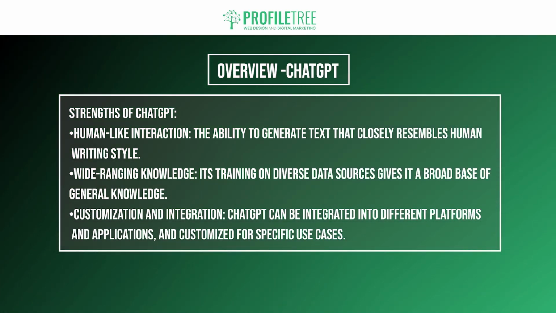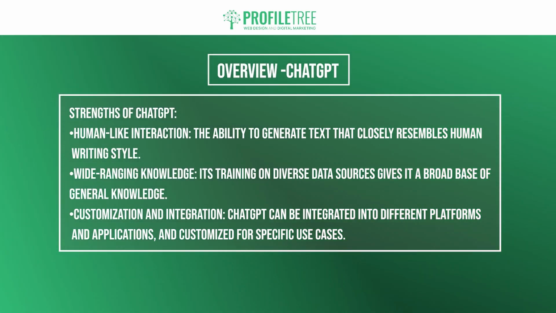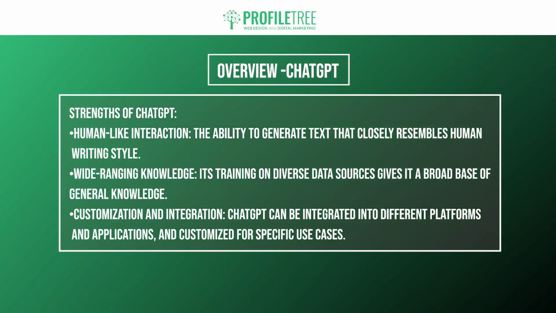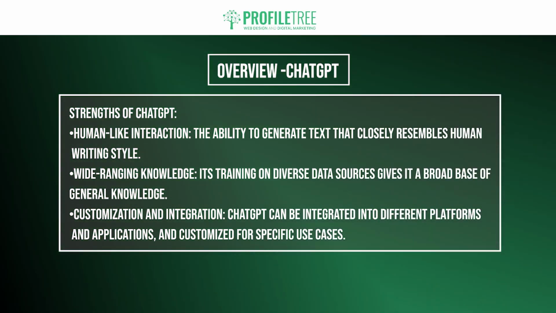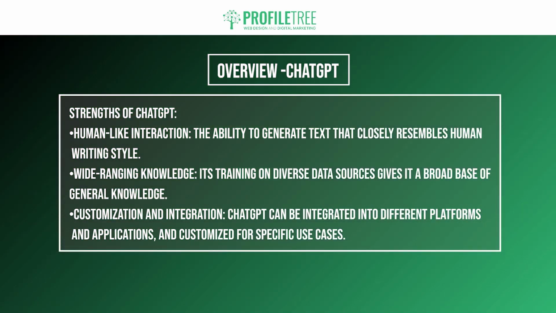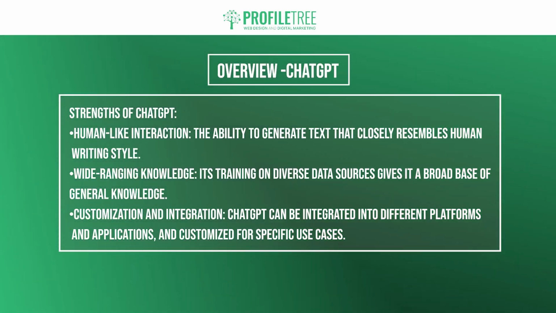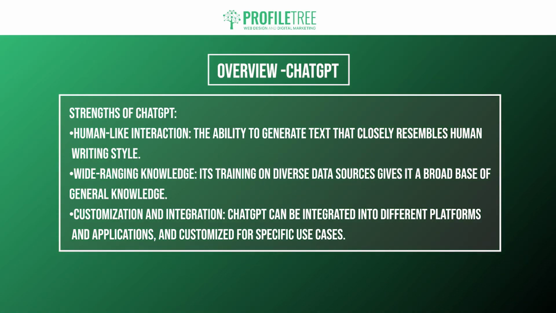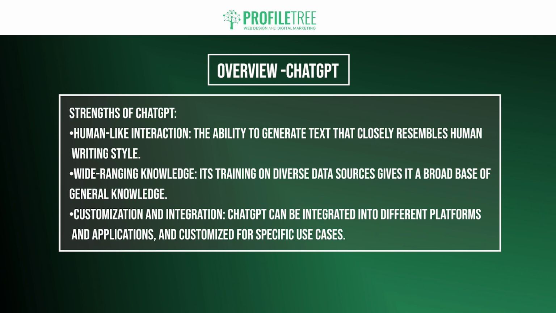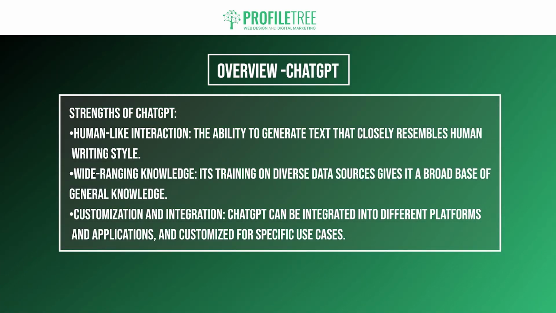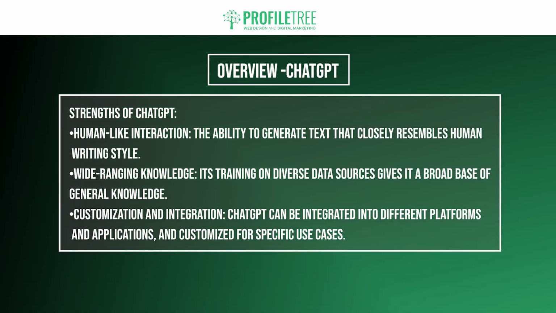The ability to generate text that closely resembles human writing is fairly good for what it is, especially since you can either copy and paste some content or use that content to structure an email or whatever you have that's composed. As well as this, it has a wide range of knowledge, as it's trained on diverse data sources, which gives it a broad base of general knowledge.